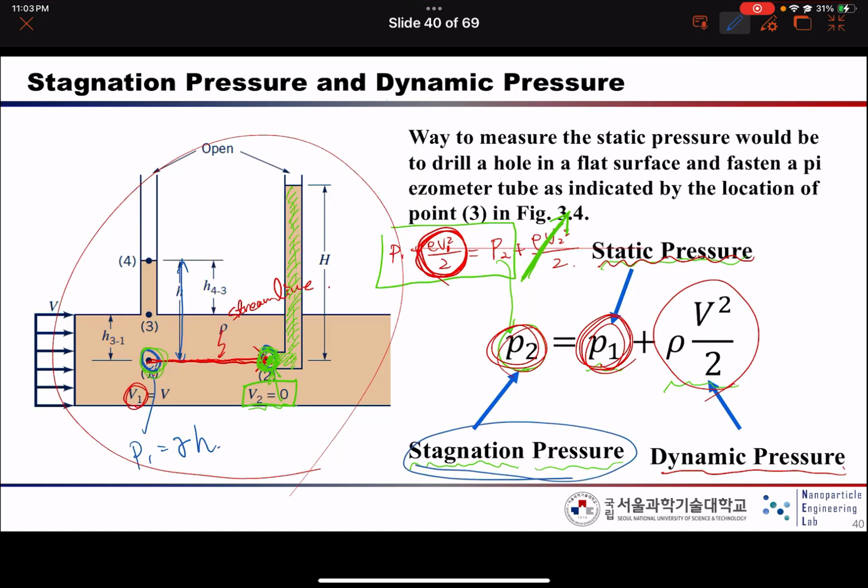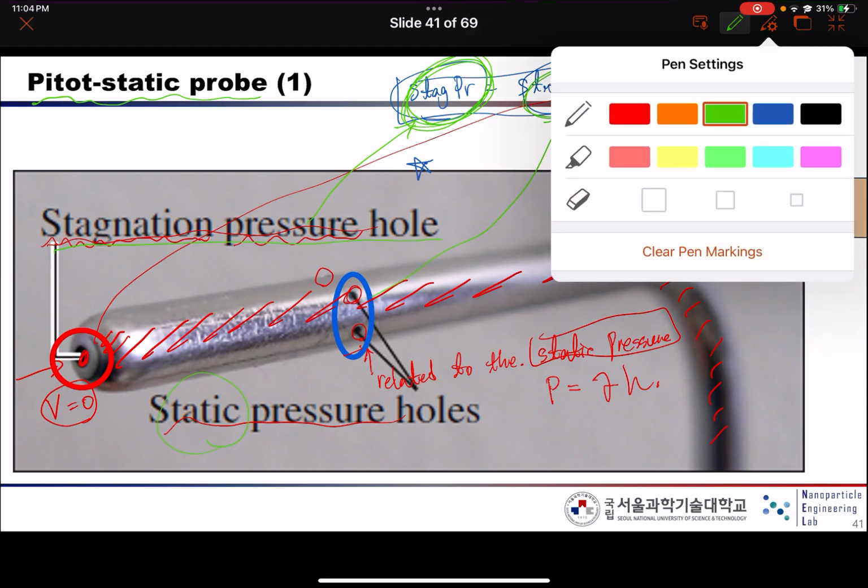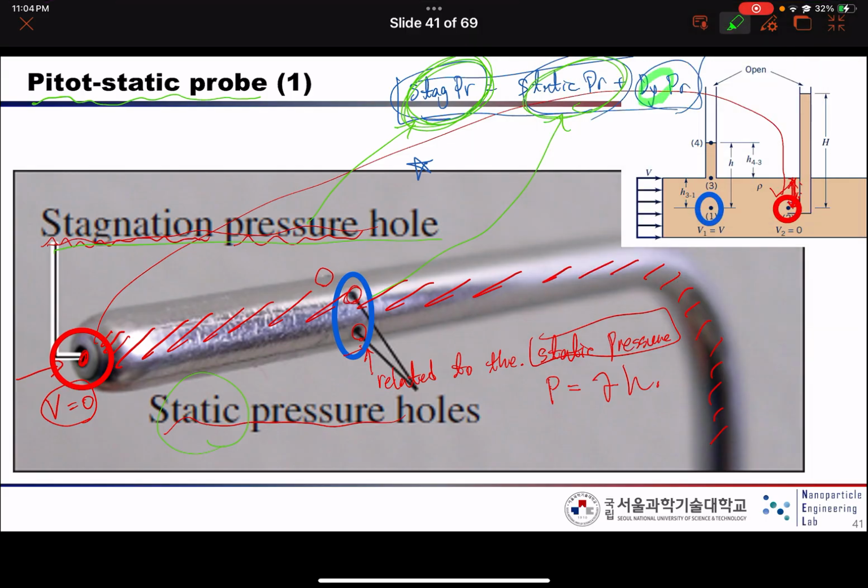The stagnation pressure equals the static pressure plus the dynamic pressure, right? So by using the pitot-static probe, you can determine the stagnation pressure, this one, and the static pressure, this one. So you can determine the dynamic pressure easily by using the pitot-static probe.